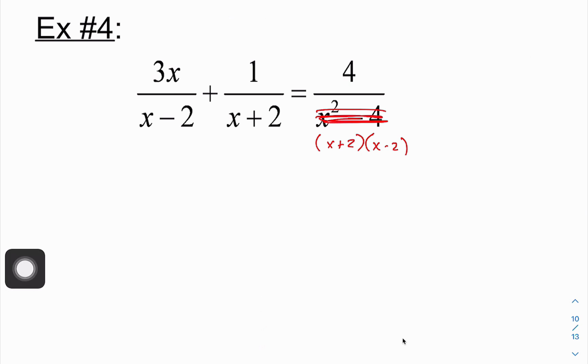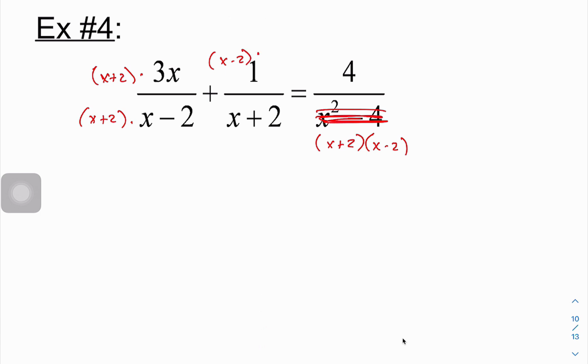And so in this case, we've got both factors in this one, so I don't actually have to do anything to this. The first equation has the x minus 2, but we need the x plus 2. The second one has the x plus 2, but we need the x minus 2. So let's multiply by what's not there: x plus 2. And then we've got x minus 2 in the next one.